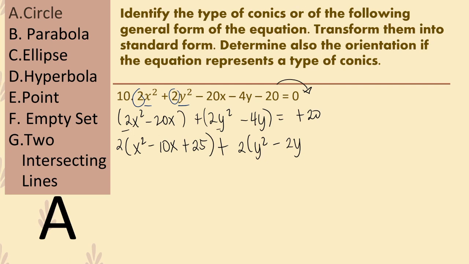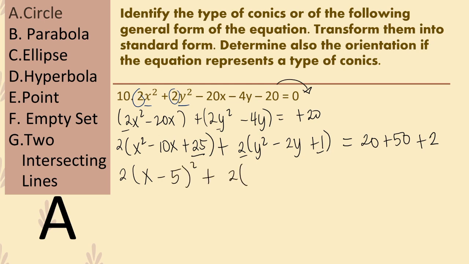Then, 1 squared is positive 1, is equal to 20. And then, what we added here, so 2 times 25 is plus 50. 2 times 1 is 2. And let's make it a perfect square binomial. So, 2 times x minus 5 squared plus 2 times y minus 1 squared is equal to 72.